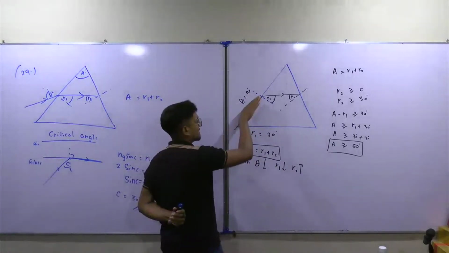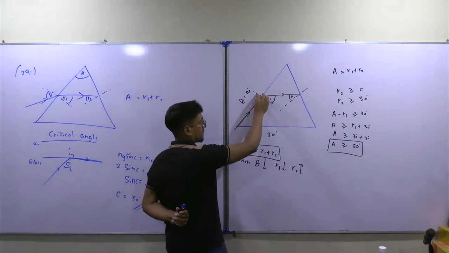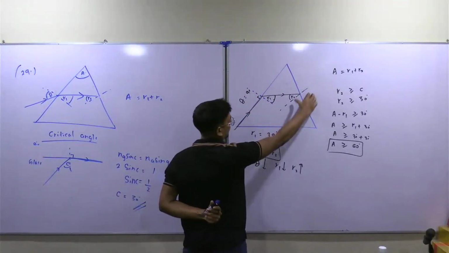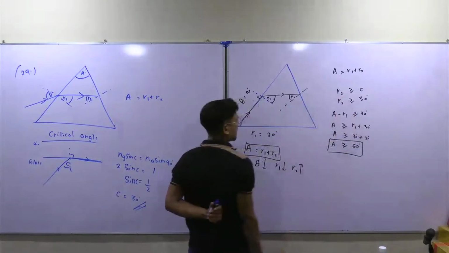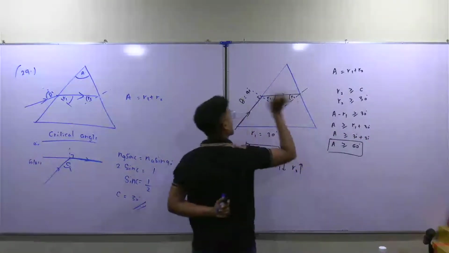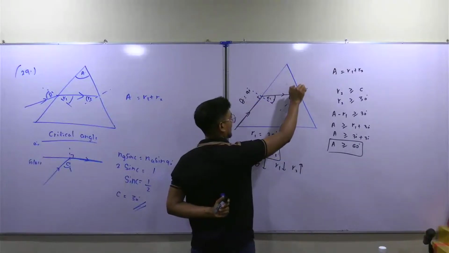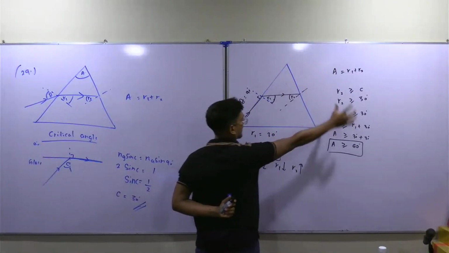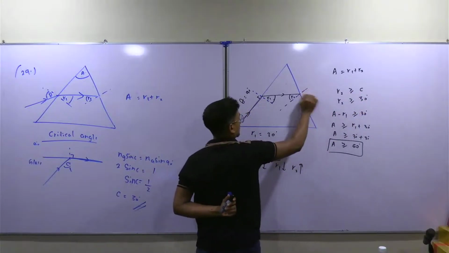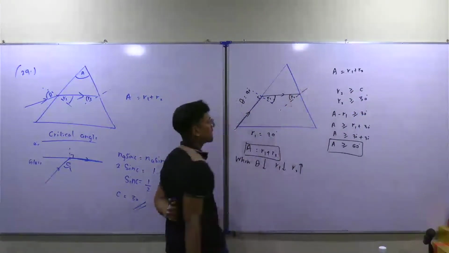Then when theta equals 90, for the ray not to refract through the surface, this condition should be satisfied. For other angles, if this condition is satisfied for theta equals 90, the ray will not refract. Why? If R2 is greater than or equal to C, the ray will totally reflect.